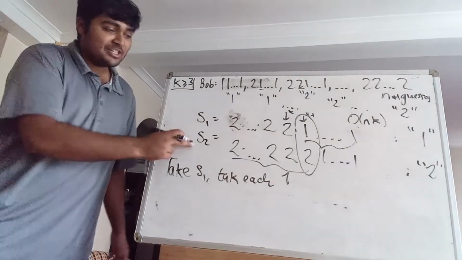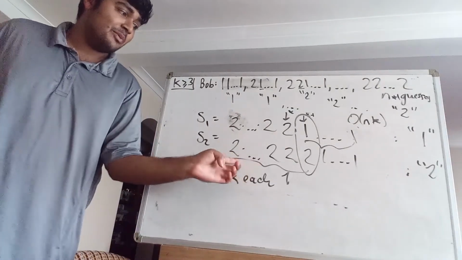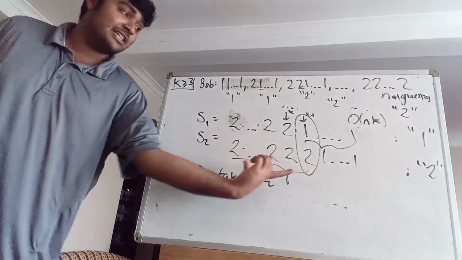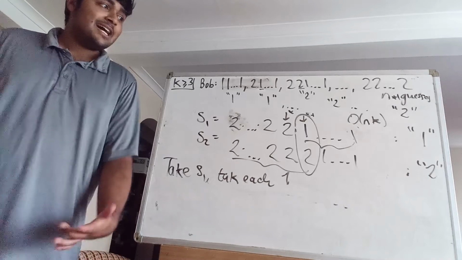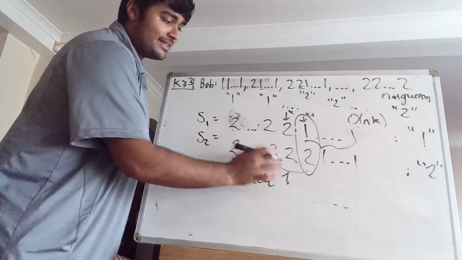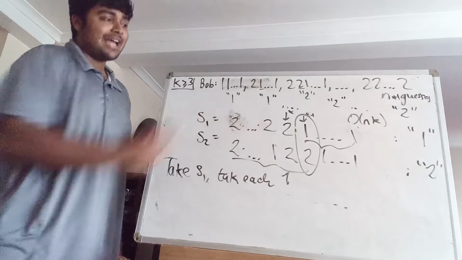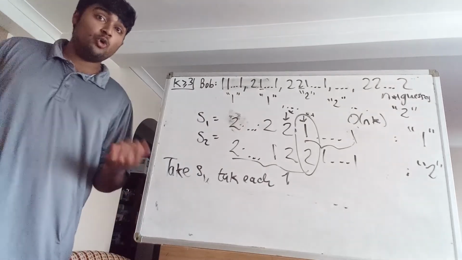And now we can do something very similar with S2, except now what we're going to do is look at these first alpha positions and take out the 2s and replace them with 1s. And then, let's say we take this 2 out and replace it with a 1. Alice will either respond with 2 or 1.